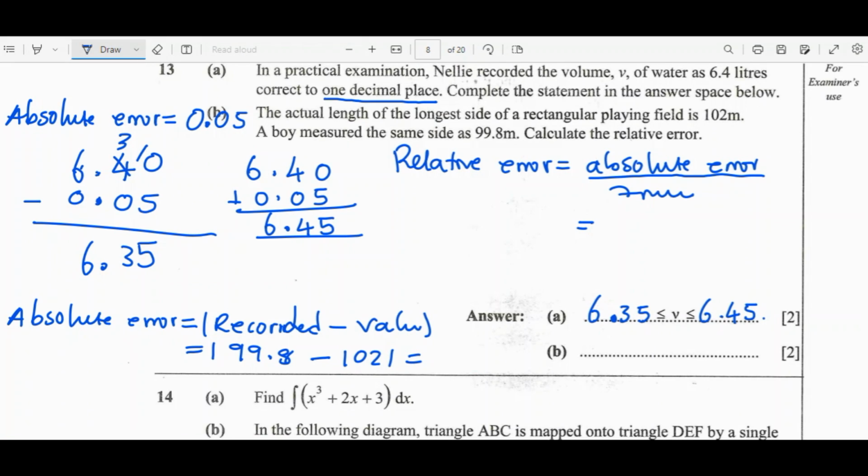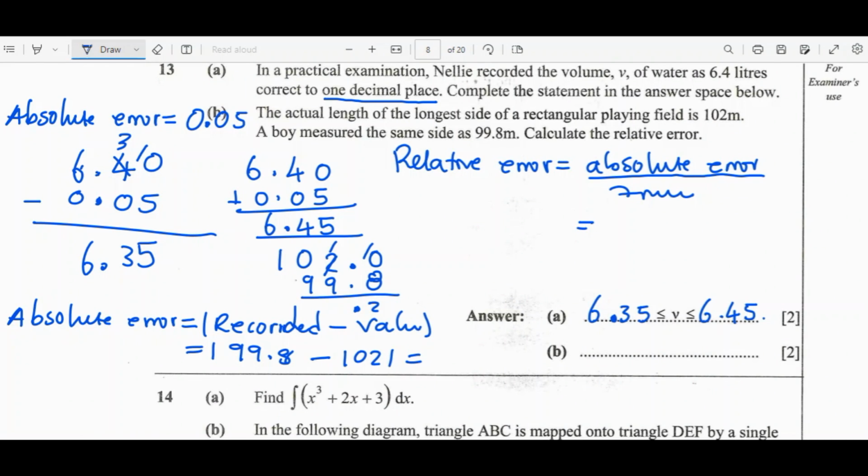So let's do some math. 102.0 minus 99.8 should be 0.8. So if we take 1 from here, 10 minus 8 is 2, we have a point here, then here we have a 1.